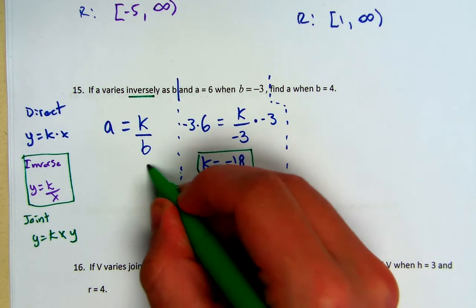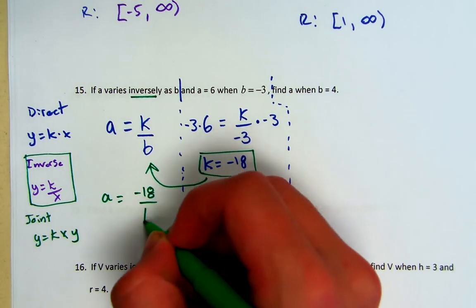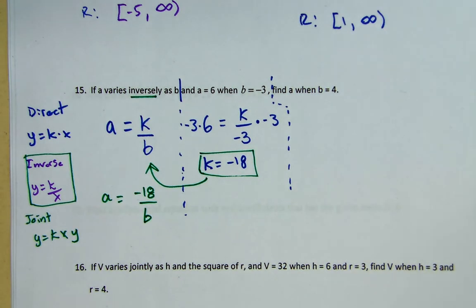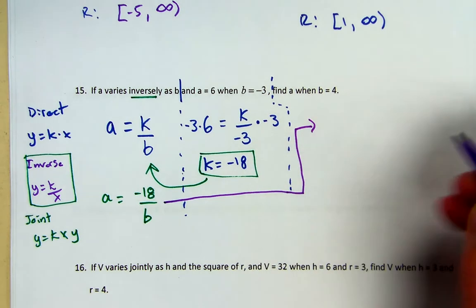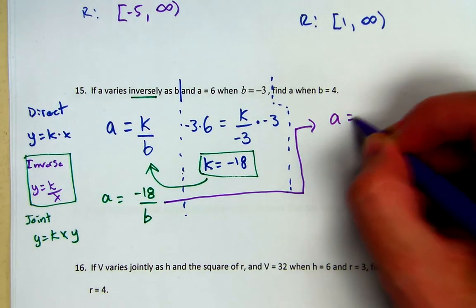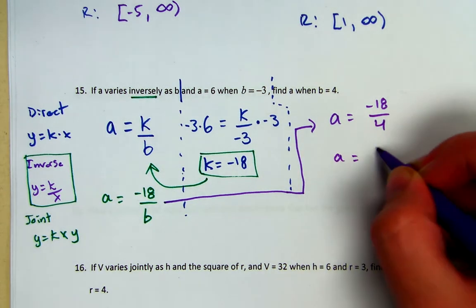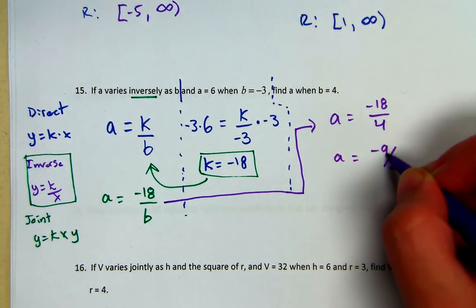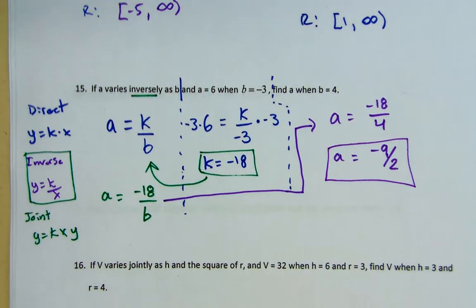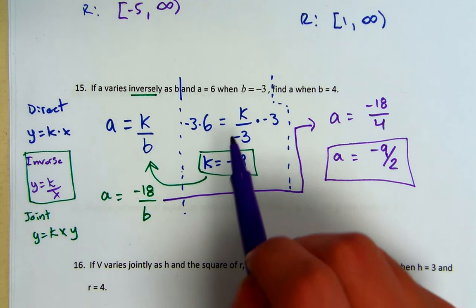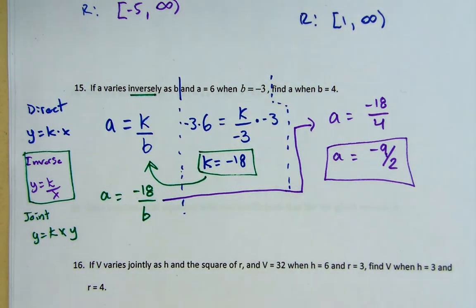I can put that into this equation to get A equals -18 over B. And I can use this equation to then find A when B is 4. Well, A is going to equal -9 over 2, since that's how we could reduce that. So we started with a general, we found a K, we got the equation, we used it to find a specific value.